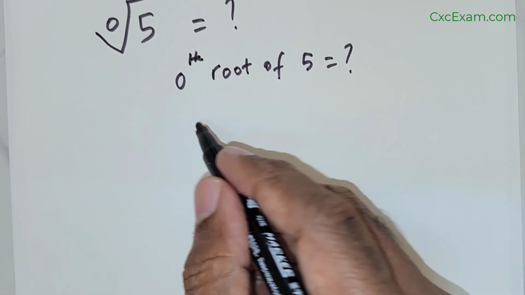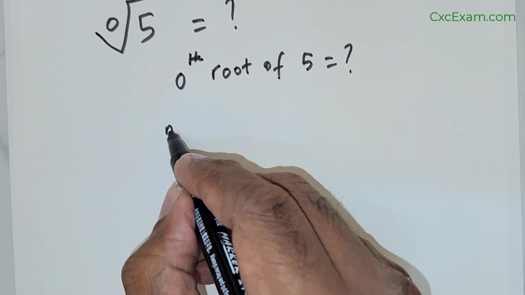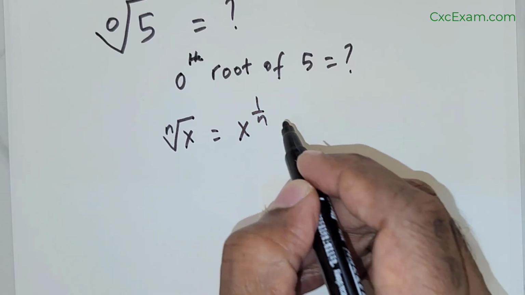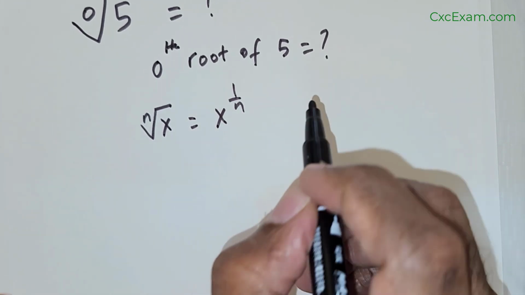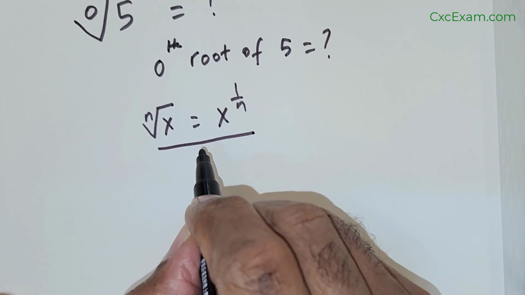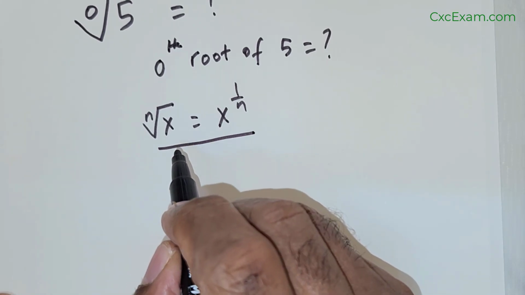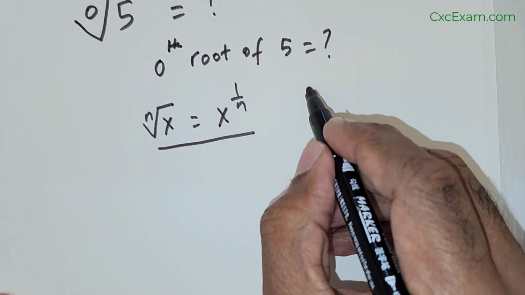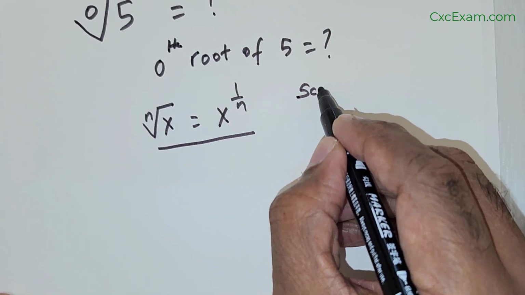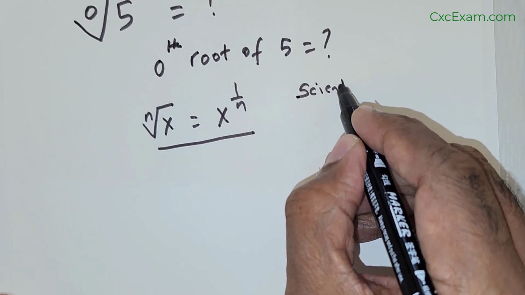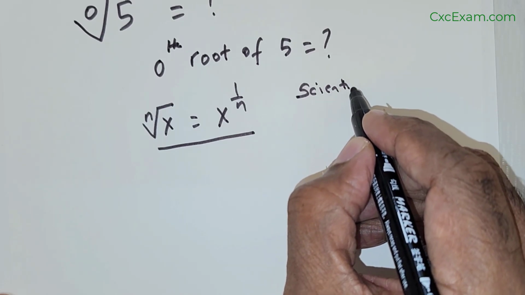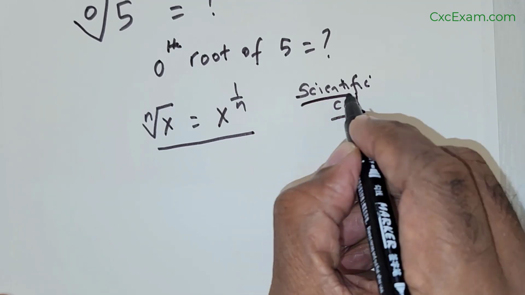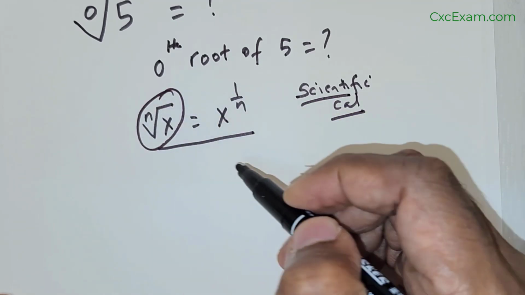Now you would have seen nth root of x is equal to x raised to the power of 1 over n. This is how it is featured in most of the leading textbooks, even in some of the most advanced scientific calculators. You can check that out. They will simply include this function.